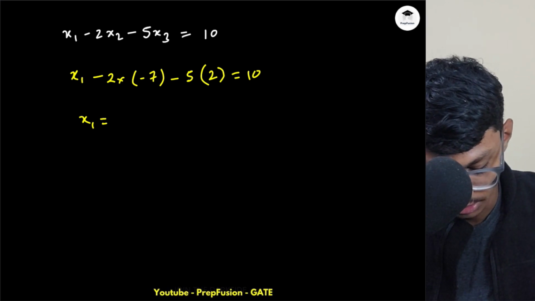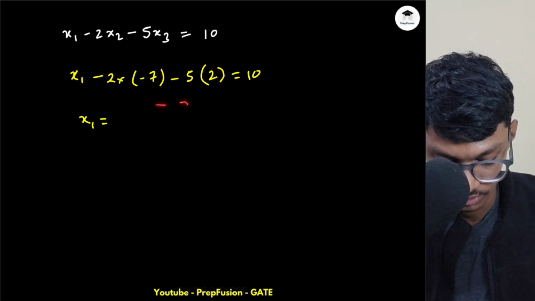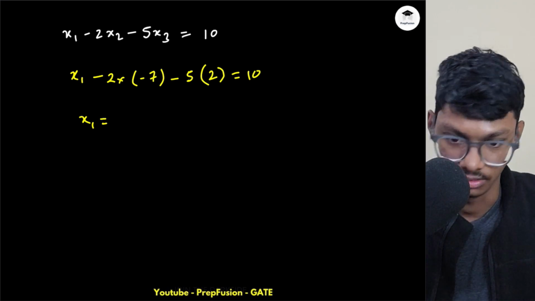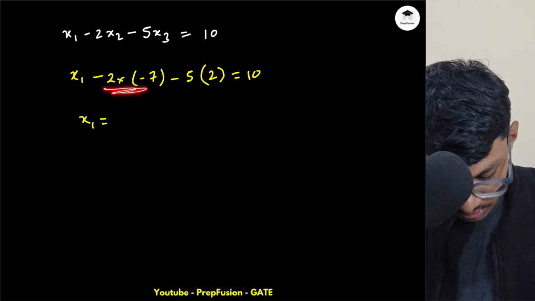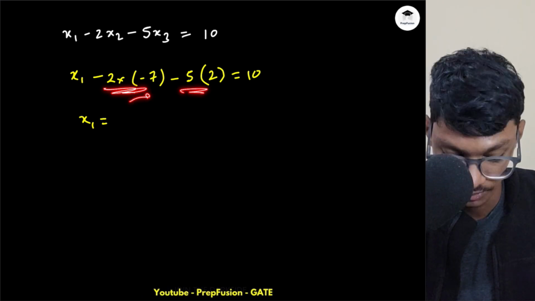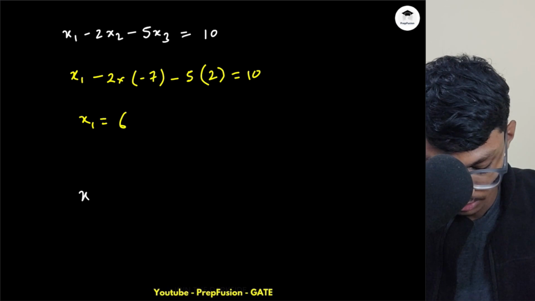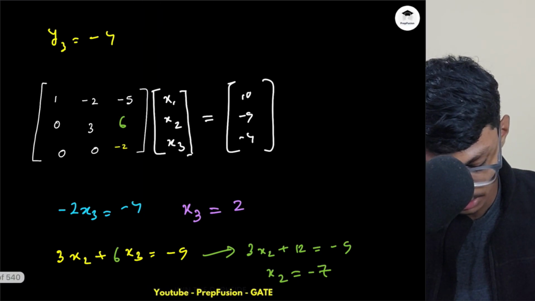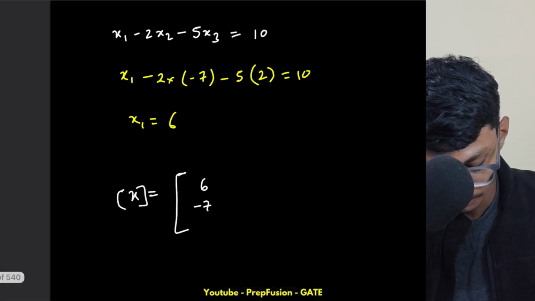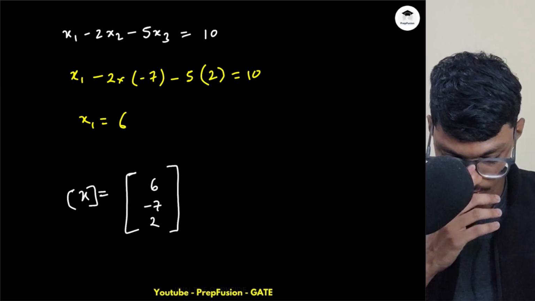This is minus 10, and this is plus 14. So this is minus 4. This goes to that side. Okay, wait, sorry, this becomes plus 14, and this is minus 10. This becomes plus 4. If this goes to that side, this will become 6. So my solution x will be simply 6, minus 7 and 2. So this will be my answer to this question.